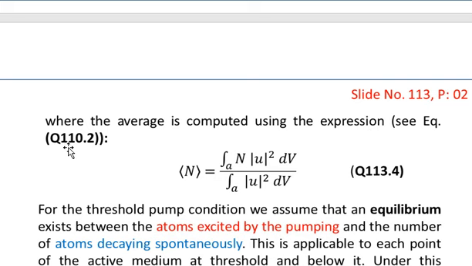For this, you can see equation number 110.2: if you want to calculate the average of, for example, inversion, you need to use this formula, that is the average value of inversion is equal to the integral over A of the quantity n times |u|² dV divided by the same integral over A of |u|² dV, where the integral is performed over the active medium rod. So this A as a subscript of the integral stands for the active medium rod.